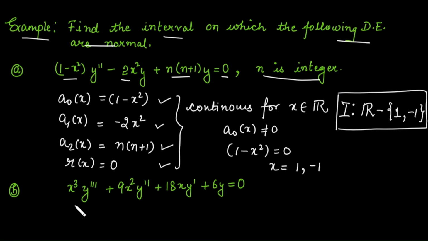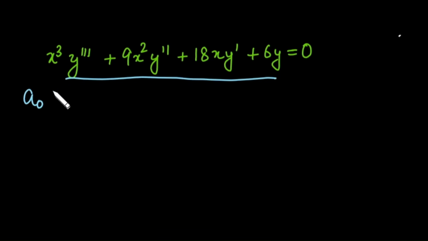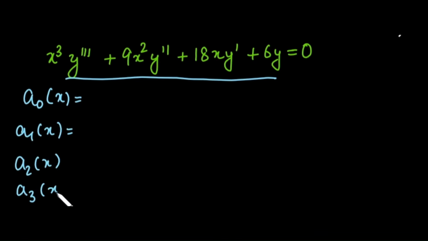Similarly, find the interval on which this differential equation is normal. So let's write the coefficients first: a0(x), a1(x), a2(x), a3(x) and R(x).